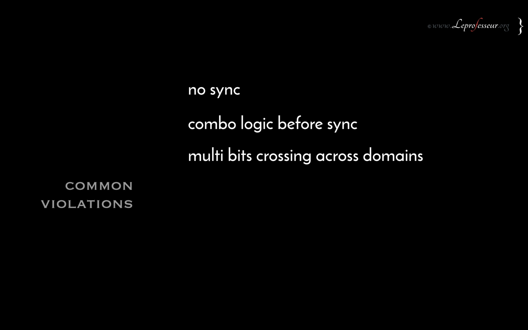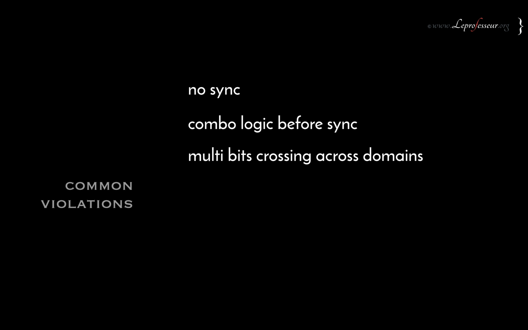Multibits across domains are a bit trickier. You just don't simply want to pass multibits. We have discussed this case in previous lectures, where I discussed how to cross multiple bits across a clock domain crossing. You may need some kind of extra logic or state machine in the sending clock domain, and also the receiving clock domain.